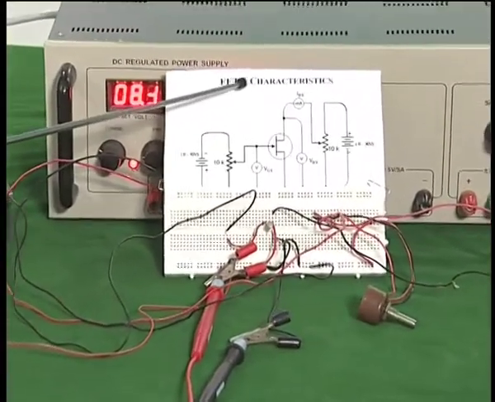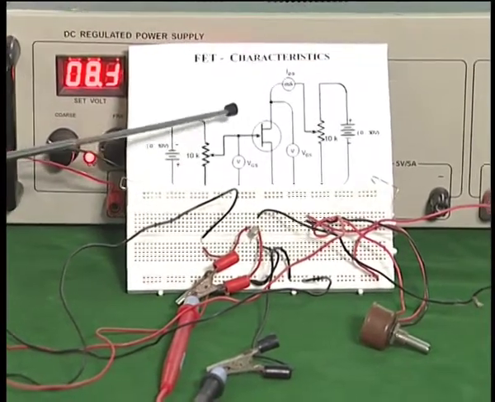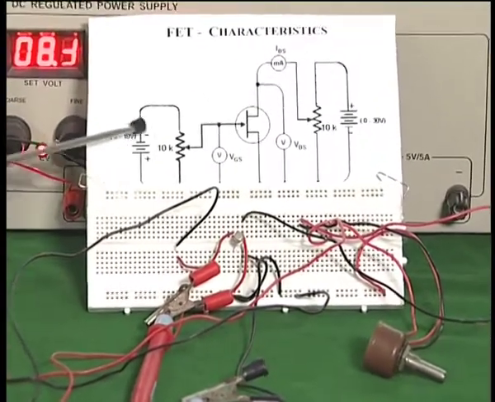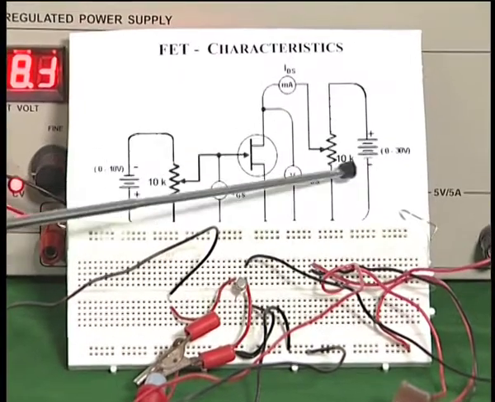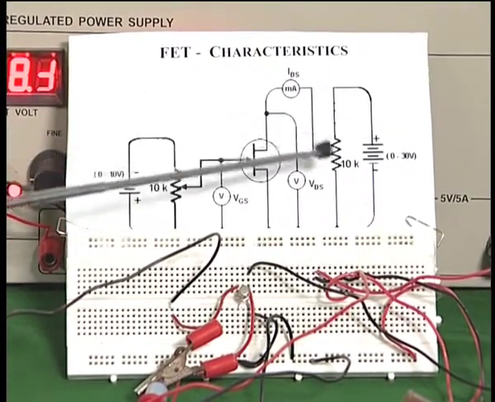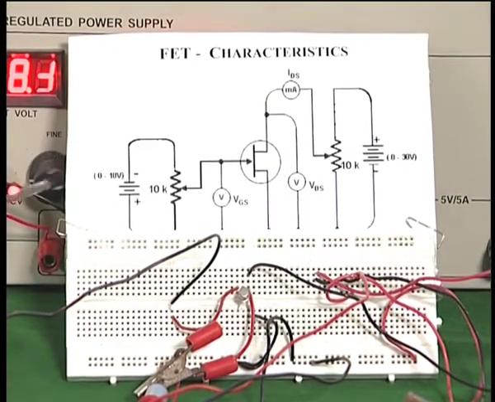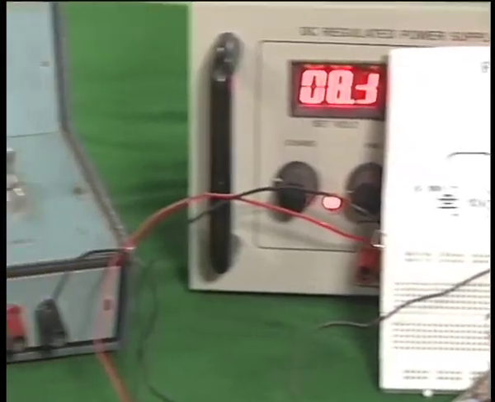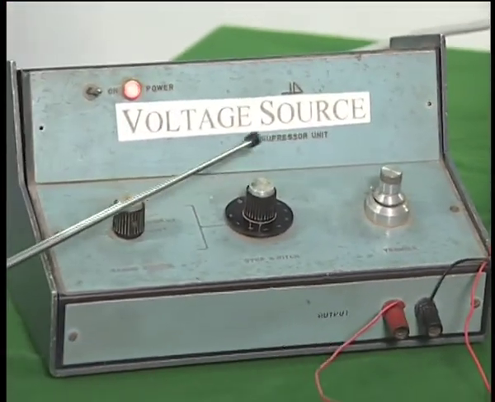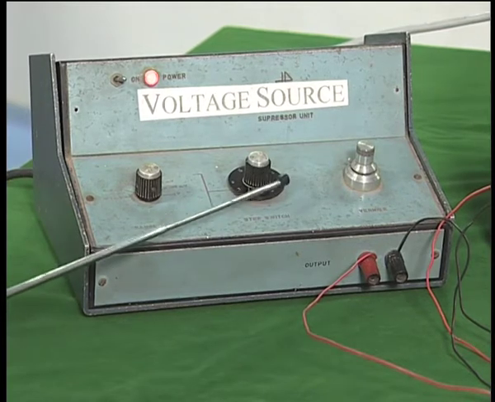This is a FET characteristic circuit. You have the FET, the same circuit I showed you some time back on the slide. You have the variable power supply here, you also have another variable power supply, and you have the voltmeter, the current meter and the voltmeter, all three here. Now I have used the millivolt source as the voltage to be applied across the gate and the source.